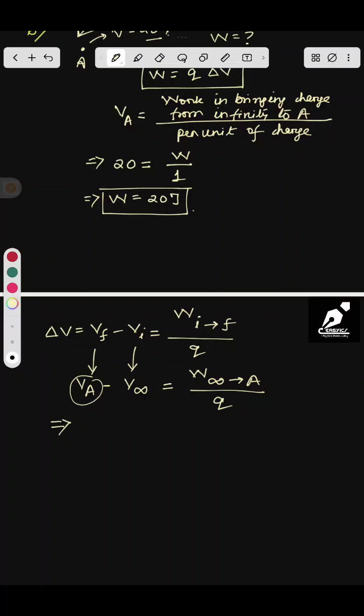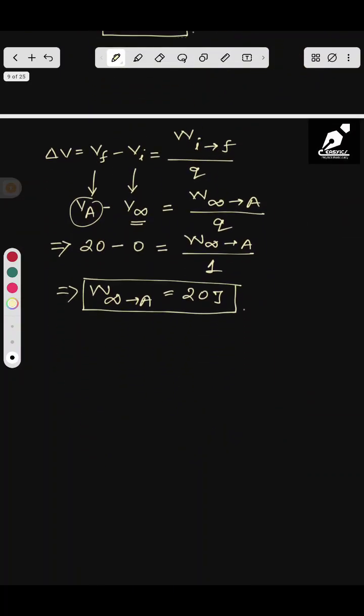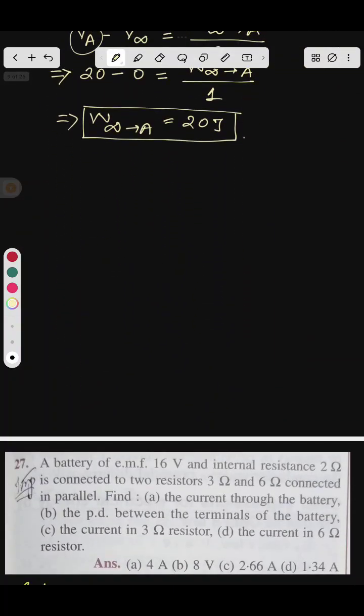V at A is given as 20, and V at infinity we assume to be 0 volt, and the given charge was 1 coulomb. So work done to bring the charge from infinity to A is 20 multiplied by 1, which is equal to 20 joule. That is the better interpretation, but it requires some knowledge from class 12 which is not done at the class 10 level. Okay, this is the answer.